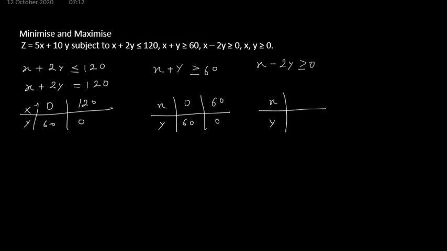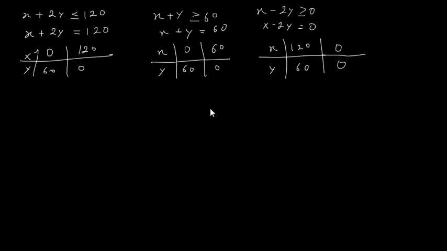Here we will say x plus y equal to 60 and here x minus 2y equal to 0. So when I take x as say 120, I will get y as 60. When I take x as 0, I get y also 0. So now I will plot all these 3 points.